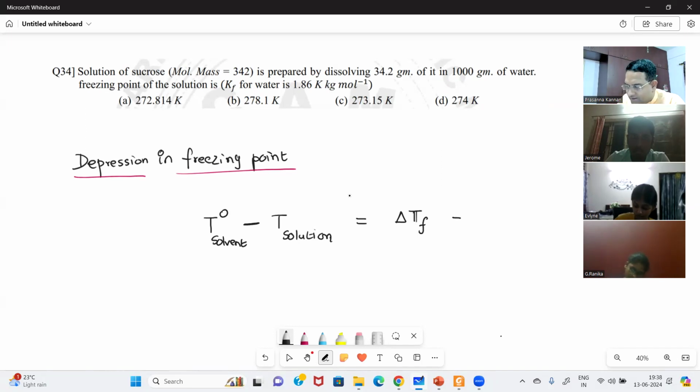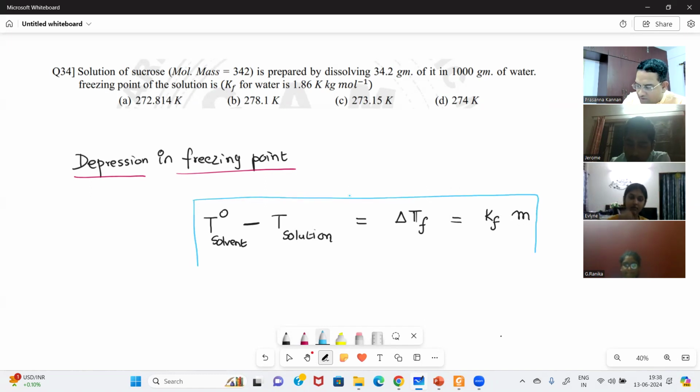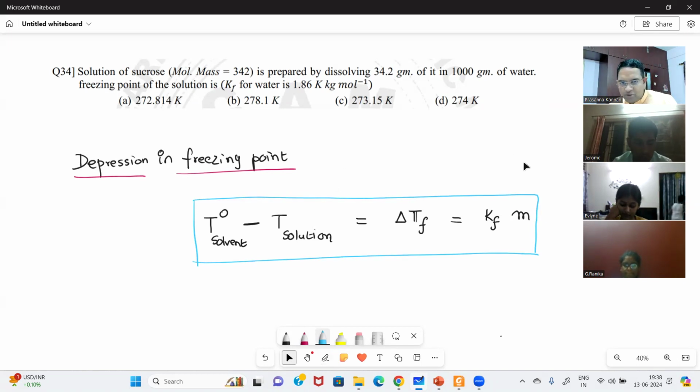And that delta TF will be nothing but cryoscopic constant or molal depression freezing point constant, KF, into molality. The treatment is very similar to how we treat elevation in boiling point, right? So very simple to understand.